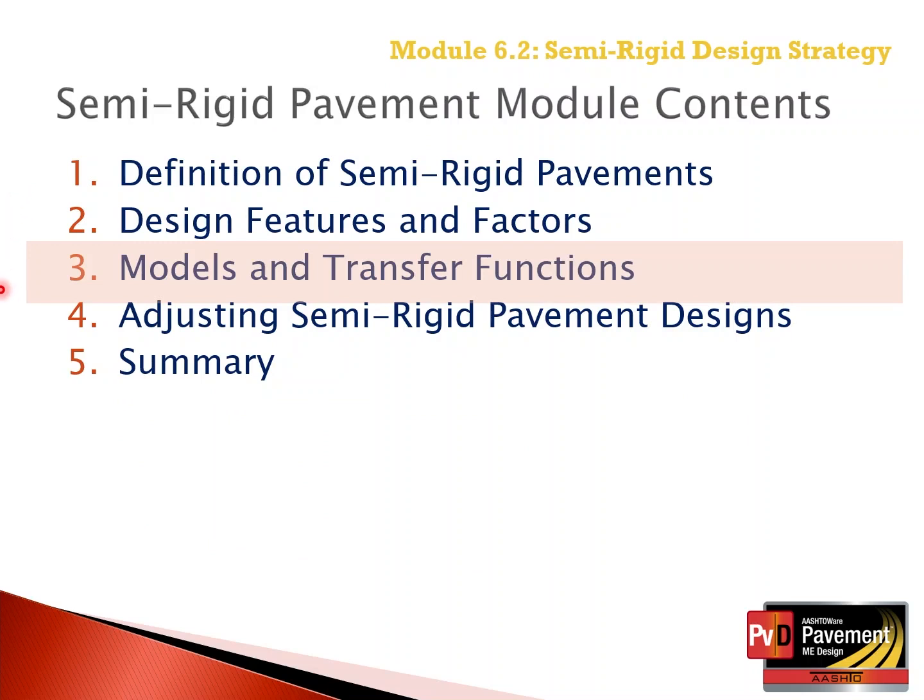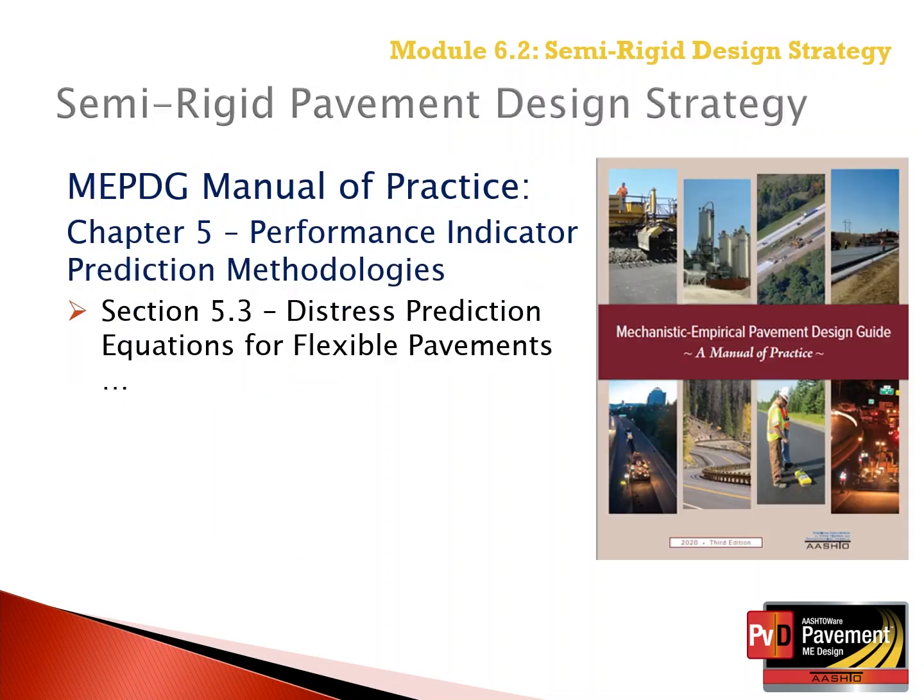So the next item is the models and transfer functions used for semi-rigid pavements. Before getting into the details of the transfer functions and models that are used in semi-rigid pavement design, Chapter 5 in the MEPDG Manual of Practice discusses the distresses, the models, and the transfer functions used in the design of semi-rigid pavements.